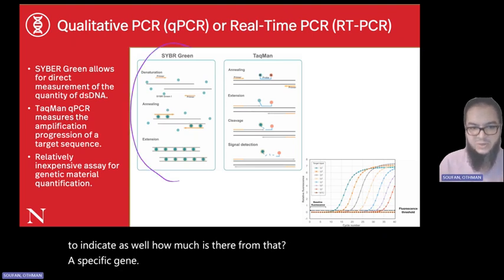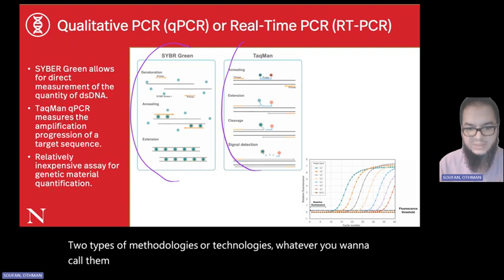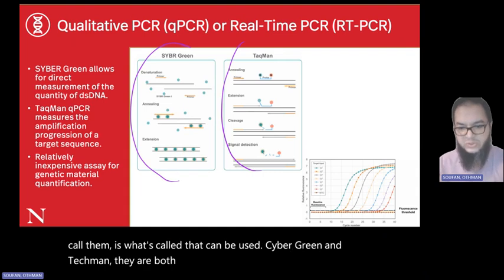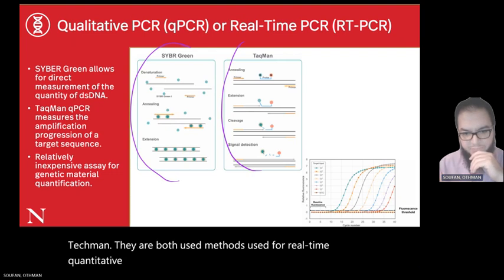There are two types of methodologies or technologies, whatever you want to call them, that can be used, SYBR Green and TaqMan. They are both methods used for real-time quantitative PCR, but for different purposes.